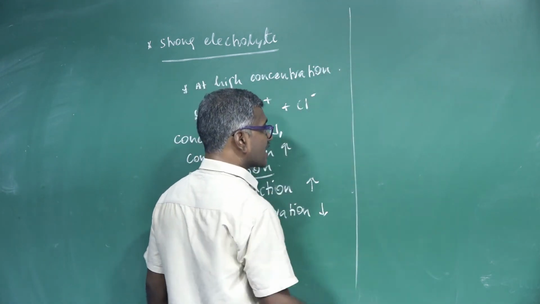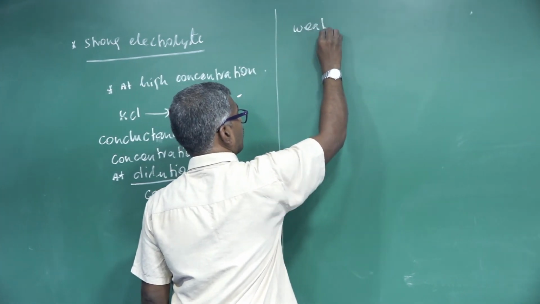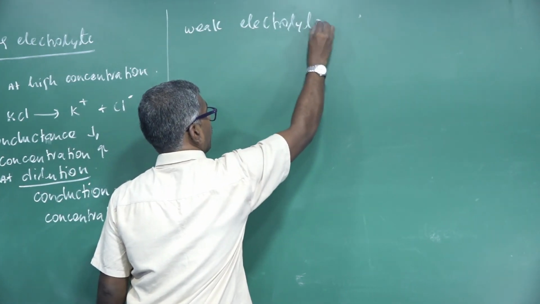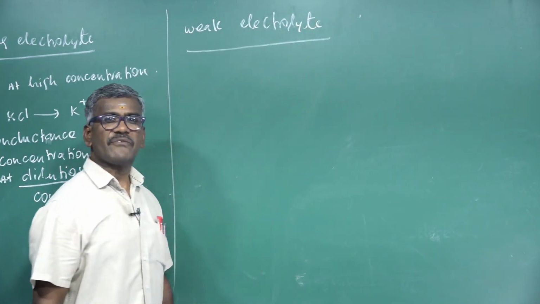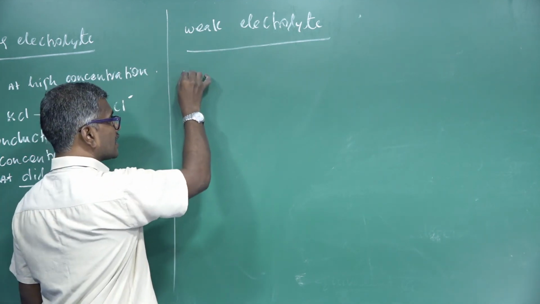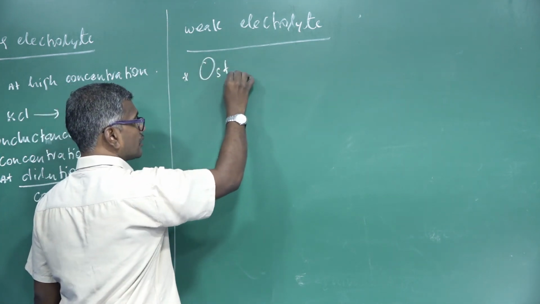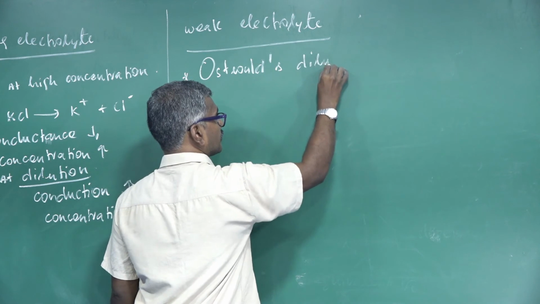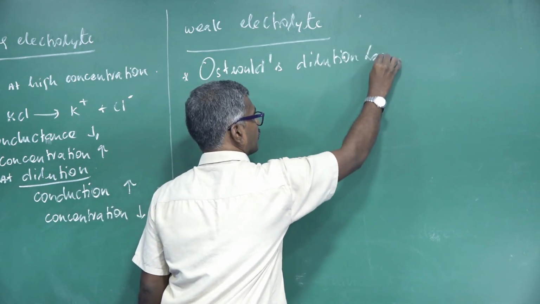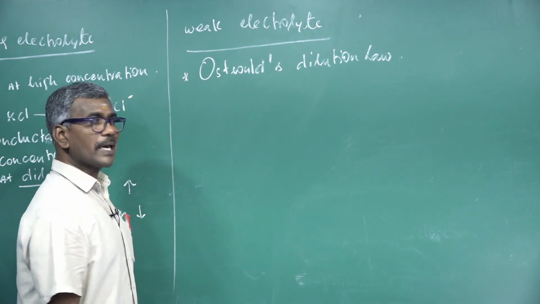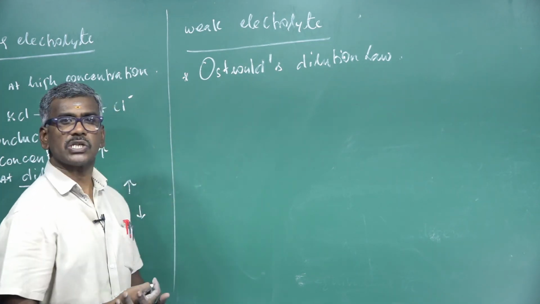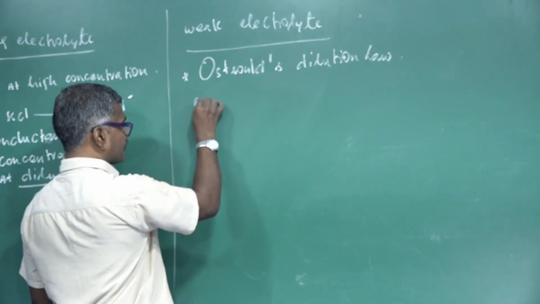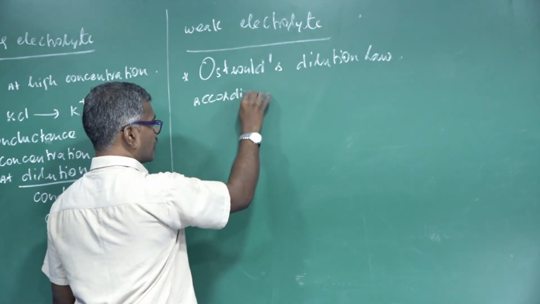Next, the weak electrolyte. A weak electrolyte can be explained by the Ostwald dilution law. What is the Ostwald dilution law? The Ostwald dilution law explains the weak electrolyte according to the Arrhenius theory.